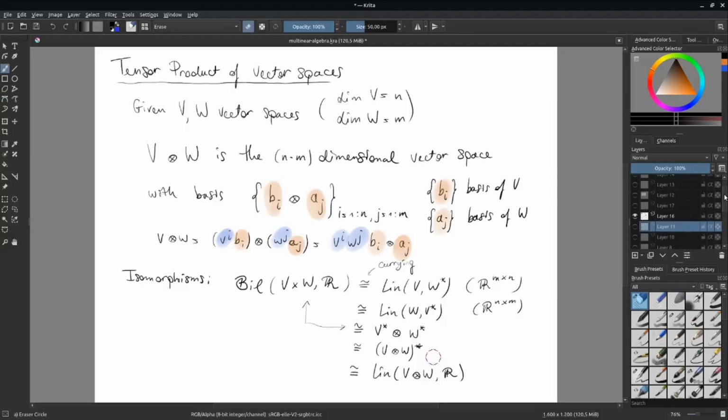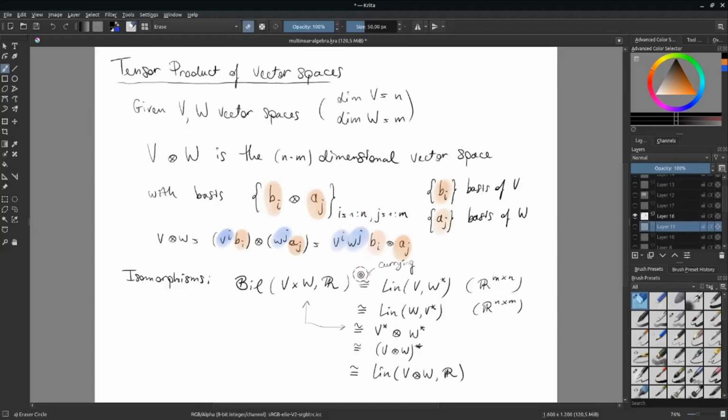If I take two vector spaces V and W, and let's say that V has dimension n and W has dimension m, then I can form the n times m dimensional vector space V ⊗ W. The basis for that will be given by b_i ⊗ a_j, where b_i is my basis for V and a_j is my basis for W. And I can just write the basis down, or at least my indices, as the following.